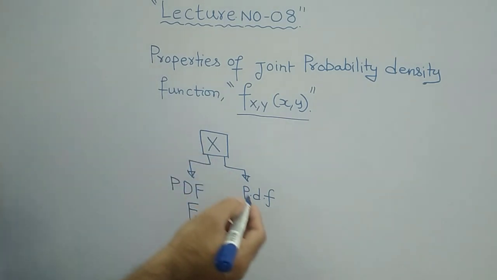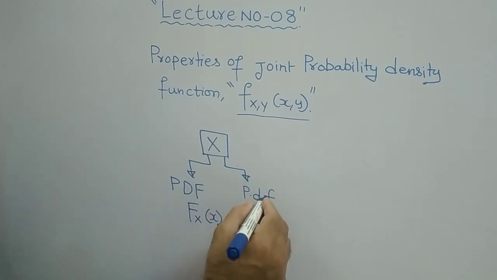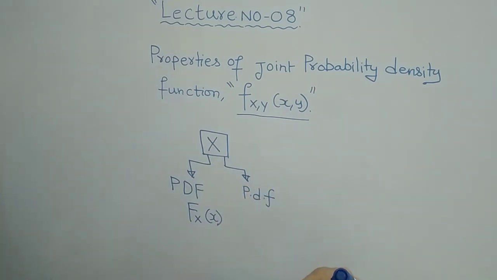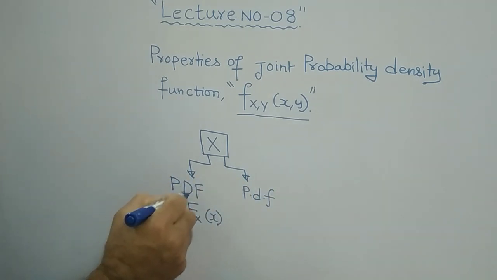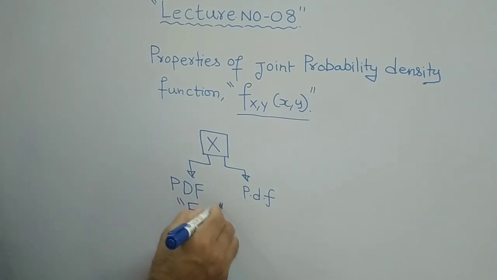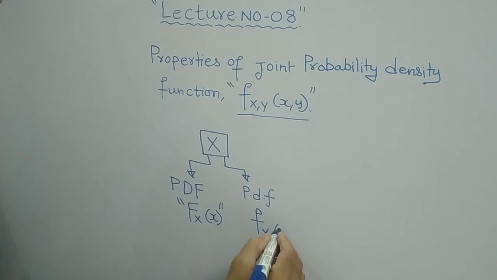Clear? And this is the probability density function. I am repeating this for easy remembrance of these terminologies. Never confuse them. The probability distribution function, or simply distribution function, is denoted with capital F, whereas the probability density function is denoted with small f of x.